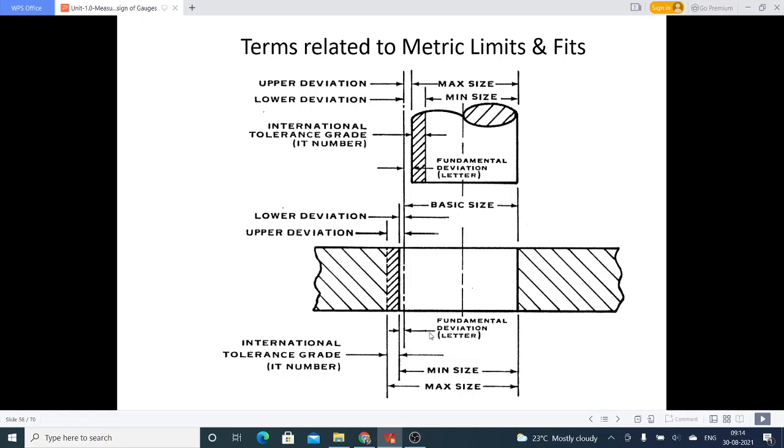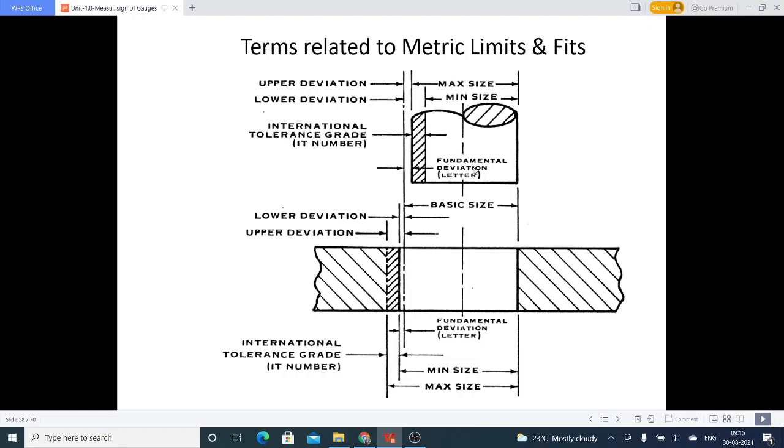The fundamental deviation can be calculated by a formula like the one shown here. Which is the fundamental deviation? The distance between the lower limit of the hole and the basic size is called the fundamental deviation for the hole. And for the shaft, the distance between the upper limit and the basic size is called the fundamental deviation.